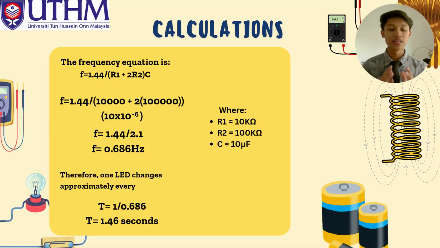After substituting these values into the formula, the calculated frequency is approximately 0.686 Hz. This means that the LED changes approximately every 1.46 seconds, producing a smooth and visible running light effect. The calculated frequency closely matched the actual circuit operation during both simulation and hardware testing.